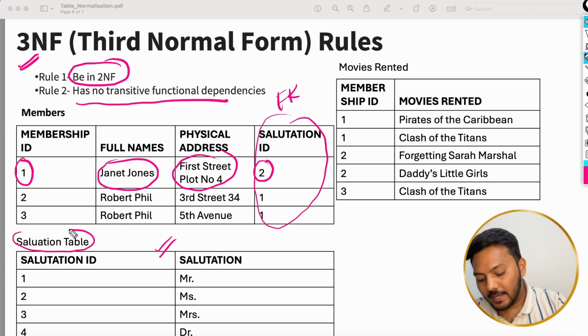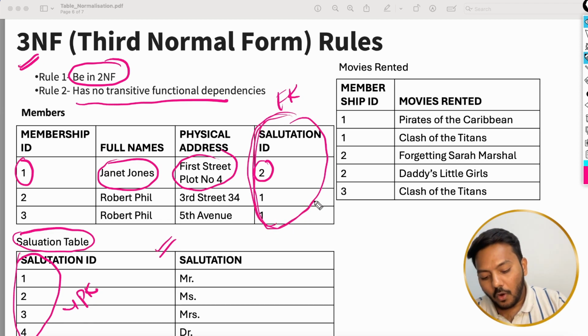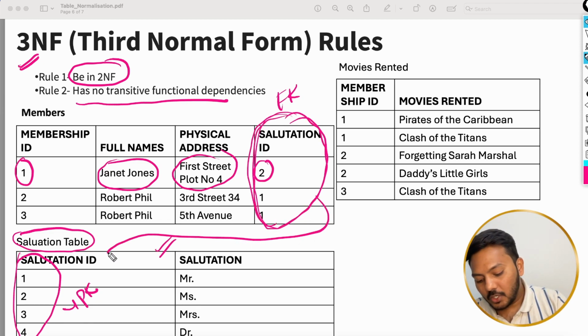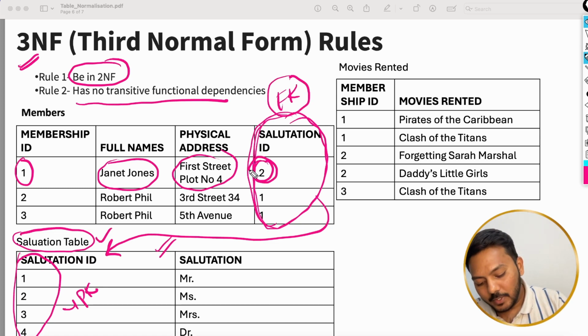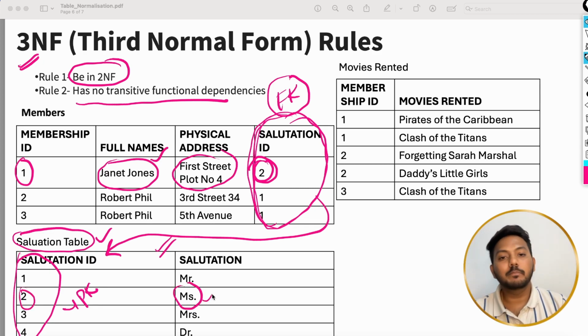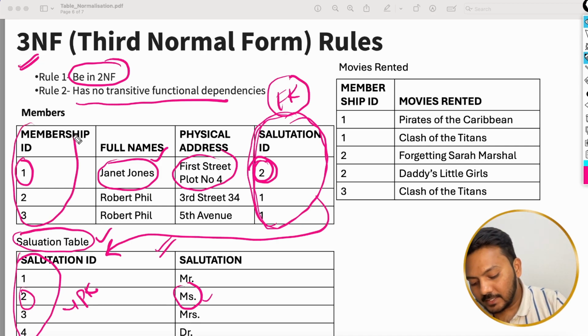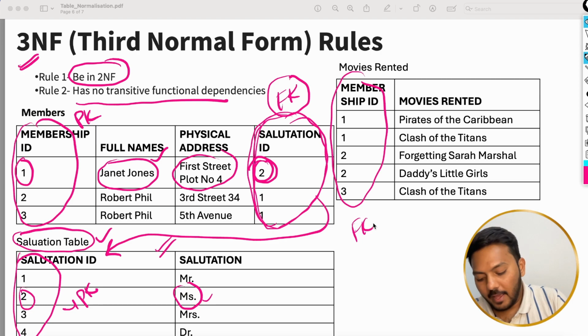Because in the table named salutation table, this is acting as a primary key, and this is a column in which it is referring to this primary key. So this is called a foreign key to this table. Okay, so because the value is 2, I get to see that Janet Jones's salutation is Miss, and here this is a primary key, and here this is a foreign key. And if you look at this one, I have one here and I have one and one here.